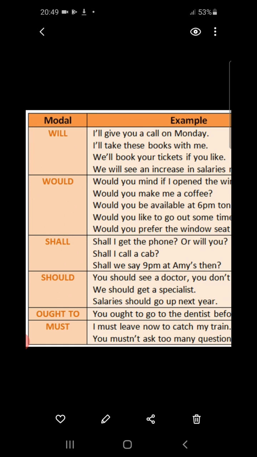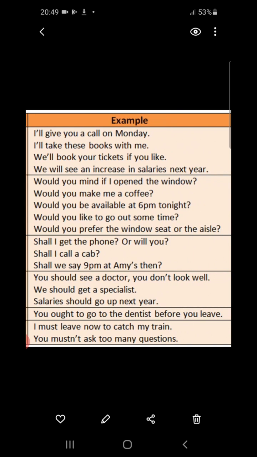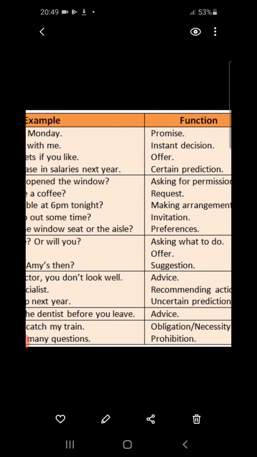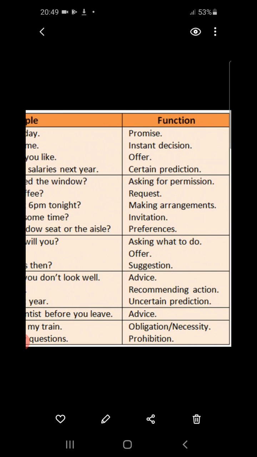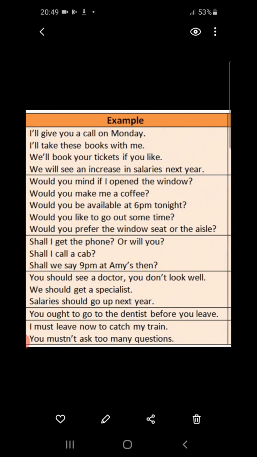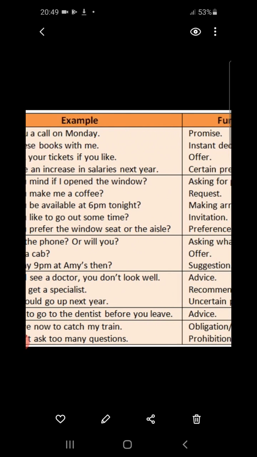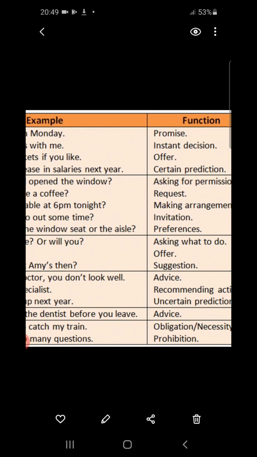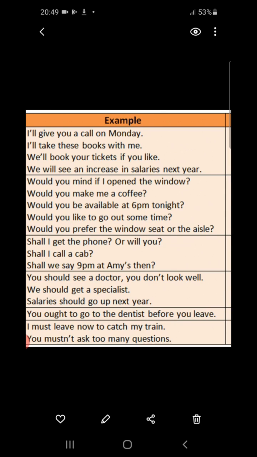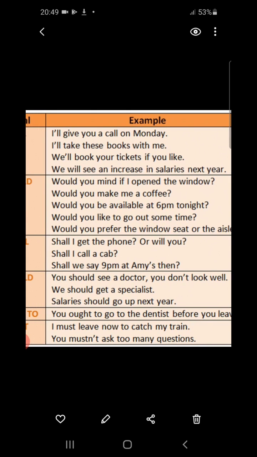Next modal. Would. Would you mind if I opened the window? This is definitely asking for permission. Next one. Would you make me a coffee? A request. Suppose you are telling your friend, would you make me a coffee? Next. Would you be available at 6 p.m. tonight?